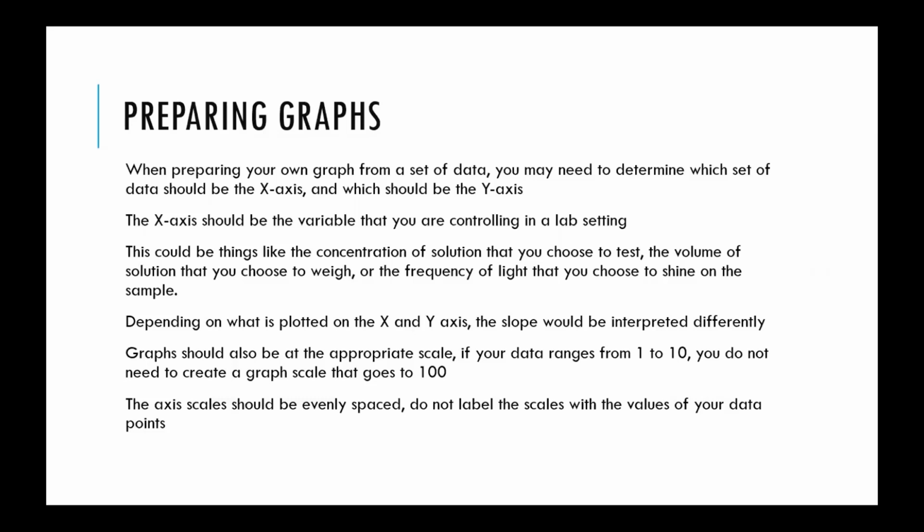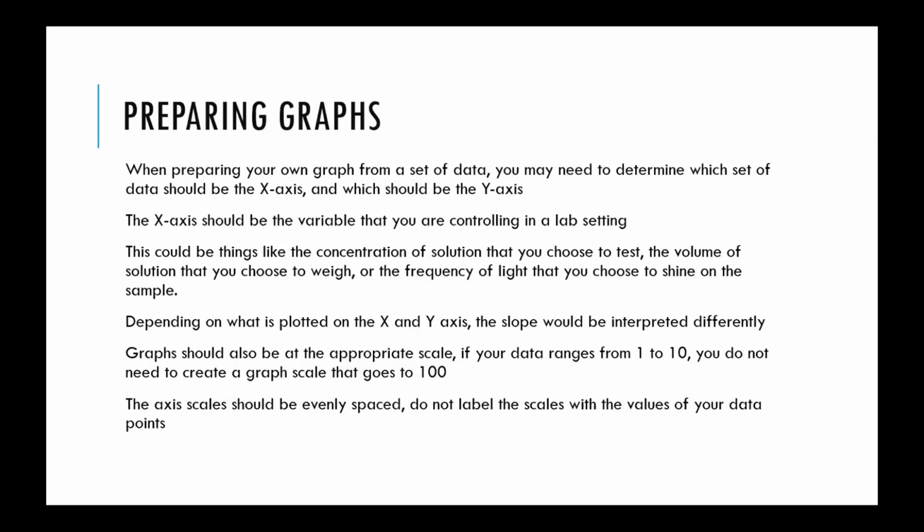So in the case of something like concentrations and volume, you're choosing, let's say, the size of the container. You're choosing that. So as you change the size of the container, what would be dependent on that? So once you have figured out what you should put on the x-axis and what you should put on the y-axis, you should look at the scaling.